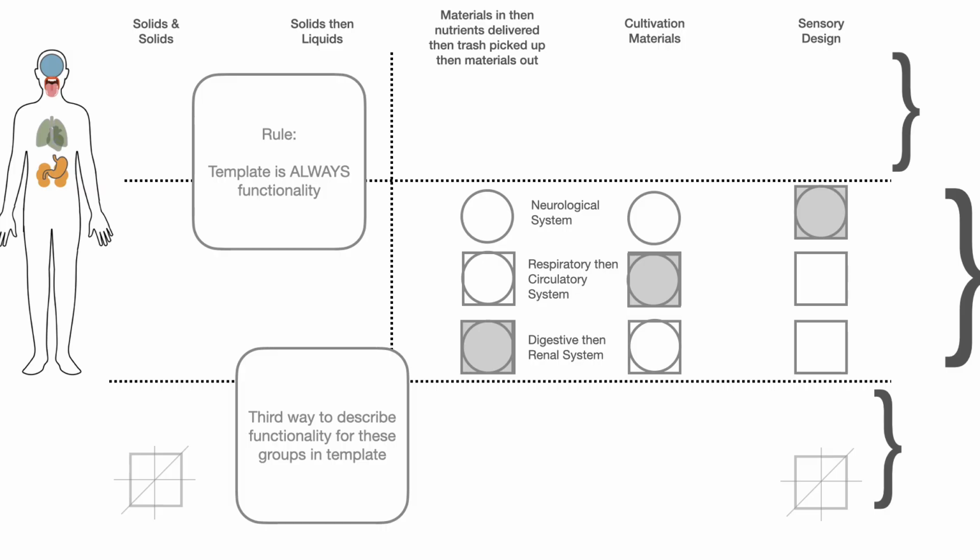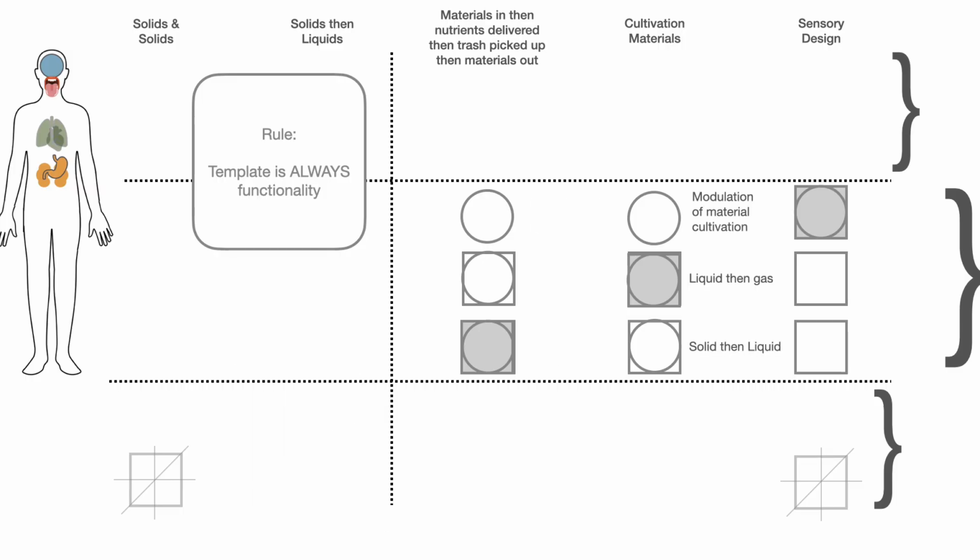So we've got the neurological system and the respiratory, then circulatory system, and then the digestive, then renal system. And then for cultivation of materials, really just modulation of material cultivation. And then we've got liquid, then gas, and then solid, then liquid.